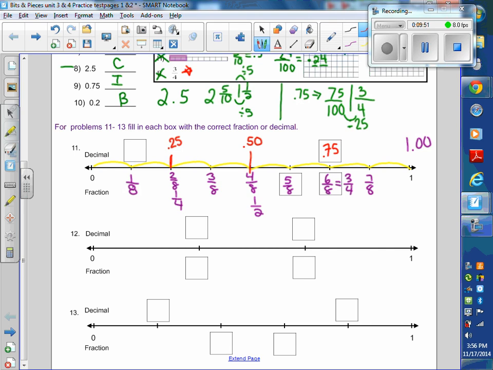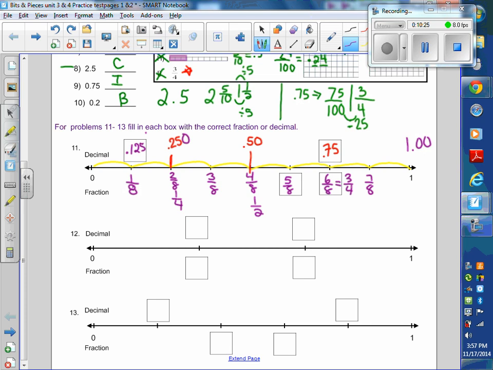So if you look at this picture, every 2 jumps, 25, 50, 75, 100. Every 2 jumps is a size of 25 hundredths or 25 cents. Now the tricky part, to get this box, you have to take 25 hundredths and cut it in half. So one way to do that is make it 250 thousandths, because half of 250 is 125.